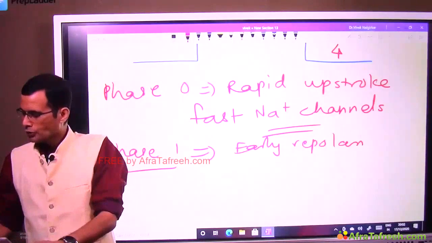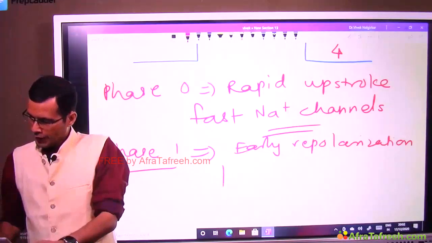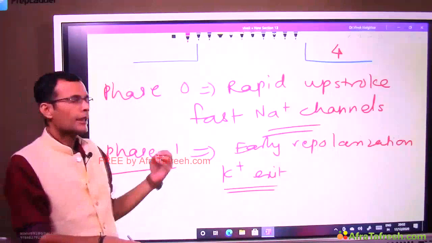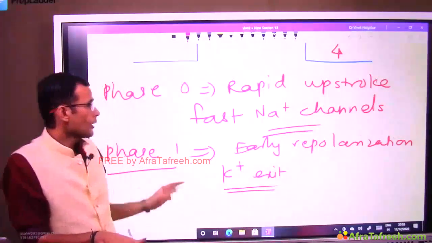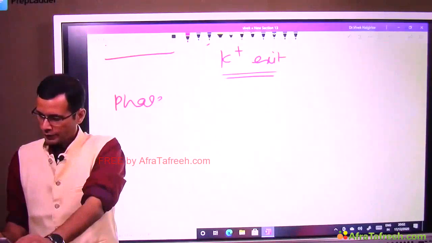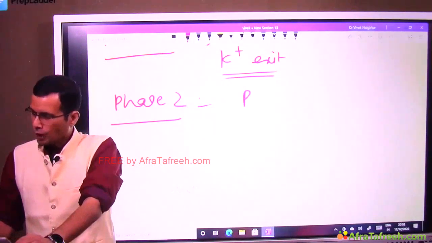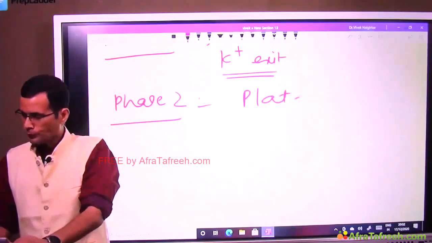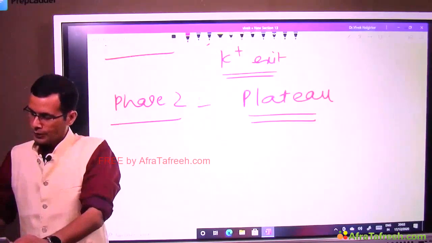That is caused by potassium exit, the outwardly rectifying potassium channel, and the potassium starts going out. Then phase 2 is called the plateau. The flat portion. Plateau.